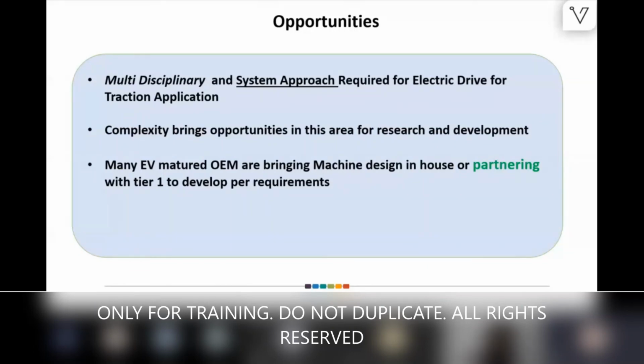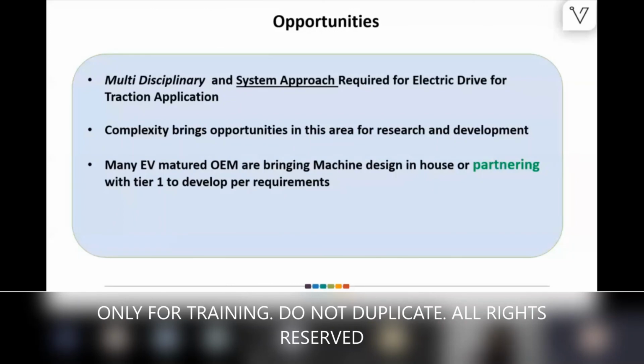Their challenge is to pick the right people, with deep knowledge not just at the vehicle level but on these components, and on what the future trends will be, because that is where the flexibility comes into the picture.